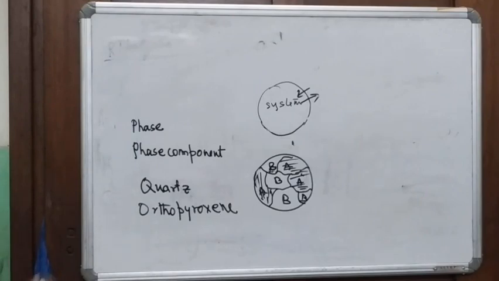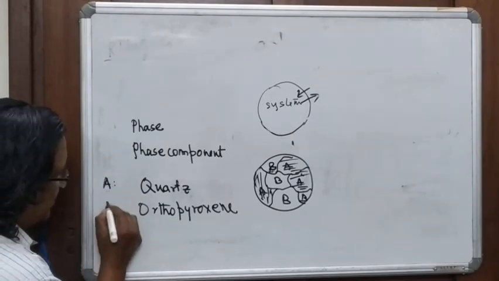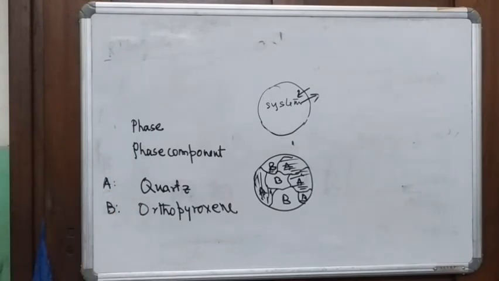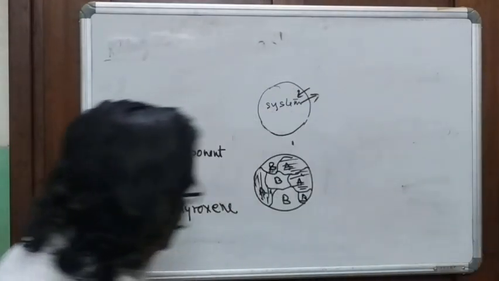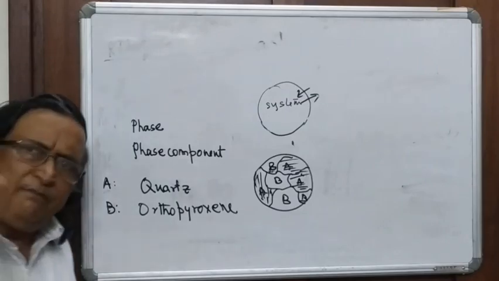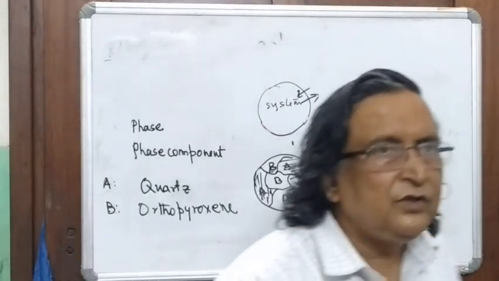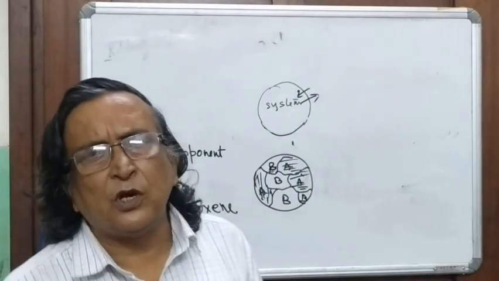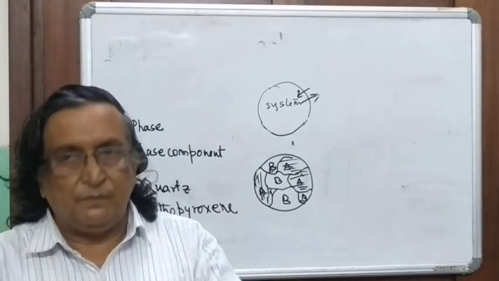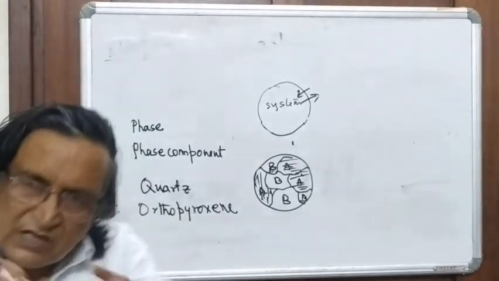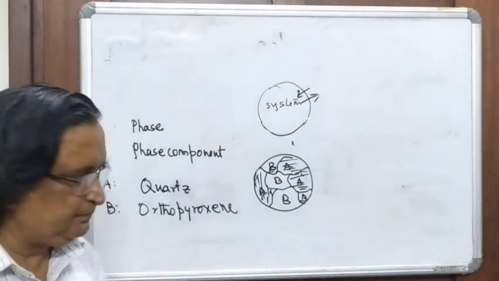Another mineral is, say, this is A and this is B: quartz and orthopyroxene. Now, orthopyroxene is a very complex mineral. You may not know it, but we will see it in metamorphic petrology. It's not so simple. It appears to be simple, but it's very complicated. But let's make it simple.